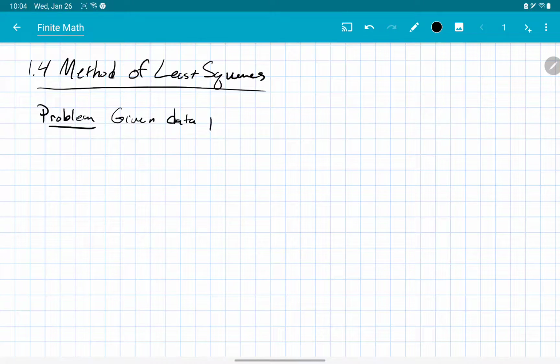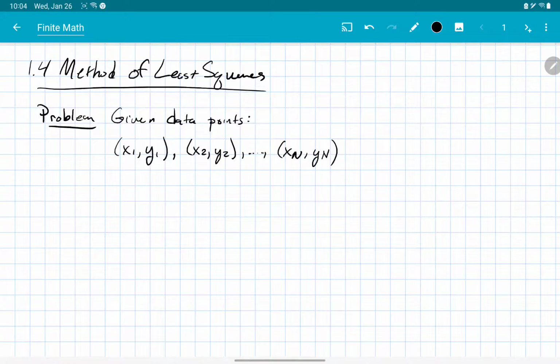data points like x1, y1, x2, y2, xn, yn. So if we have n data points, you can think about these as anything you want.